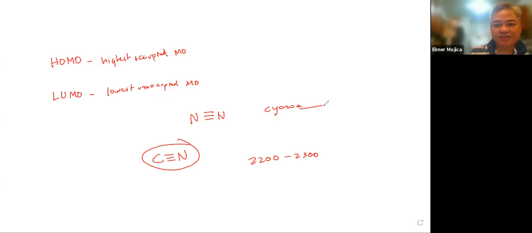Okay? So if we look at the methods that we have discussed so far, ano yung meron tayo? Yung UV-Vis absorbance, yung fluorescence, which can also include the phosphorescence.